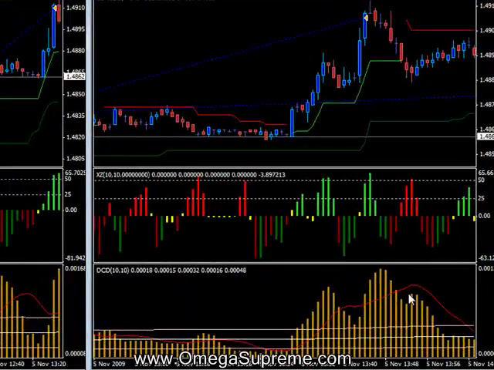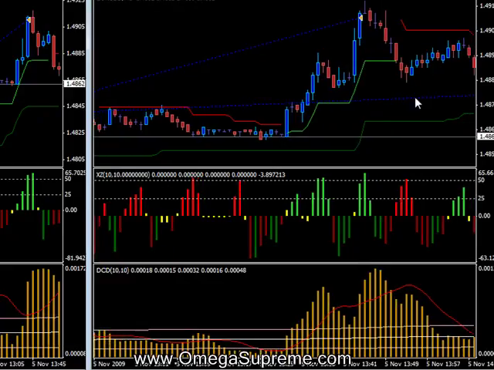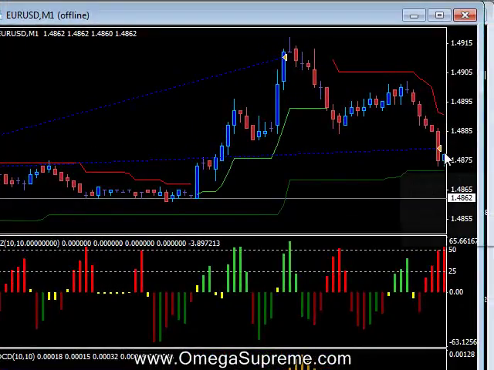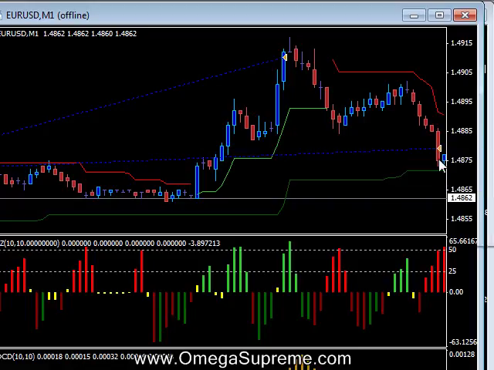and now we're seeing volatility decreasing. And what happens then? We get stopped out. Of course, we get closed at 1.4871. Our 2 lots are closed at this point, so we still end up with a profit of roughly 8 pips, but in this case it could have continued upward, but it didn't, and it closed us out.